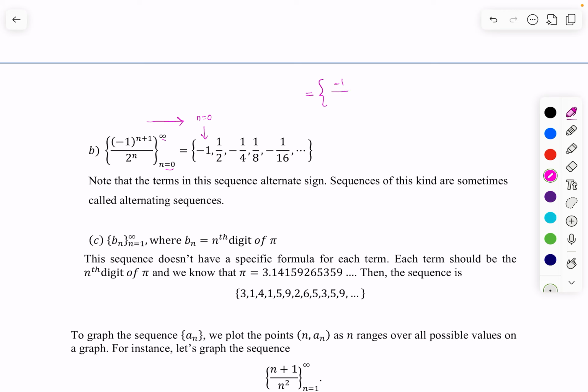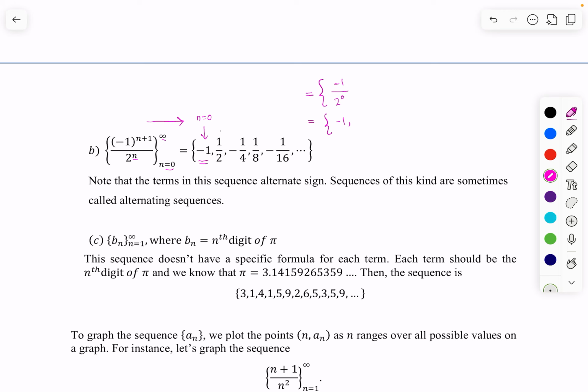And the denominator is 2 to the power of n, so for n equals 0, 2 to the power of 0 is 1. So negative 1 divided by 1, you just get the first term when n equals 0 is negative 1, which is the same as what is given in the solution.